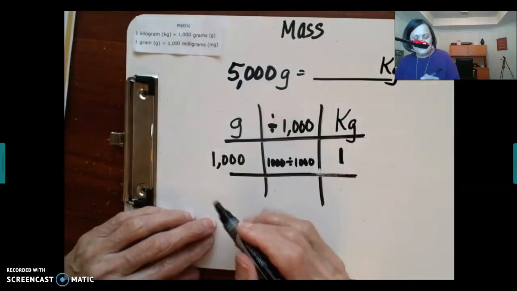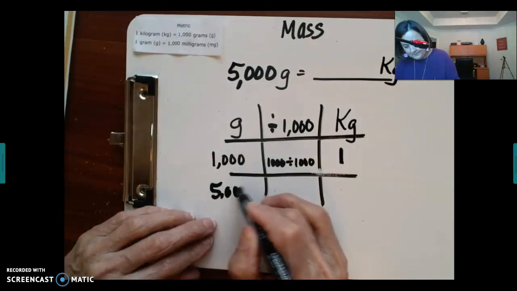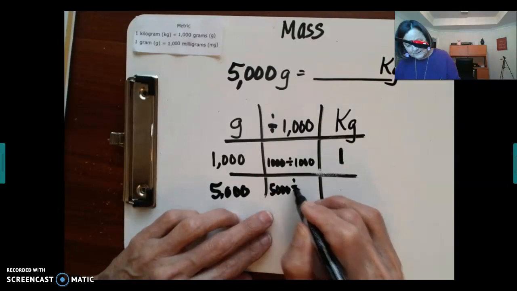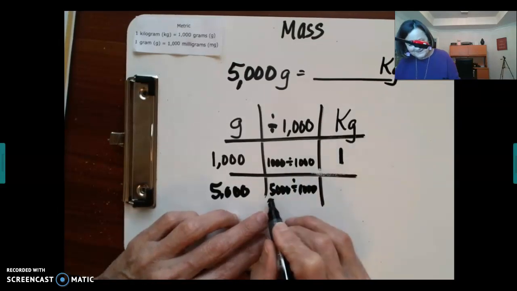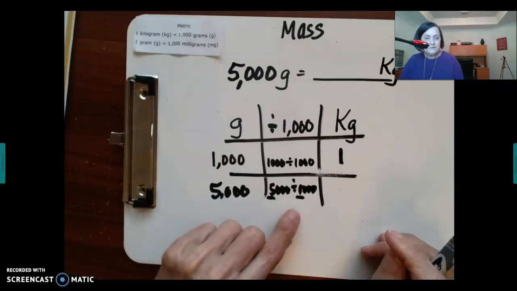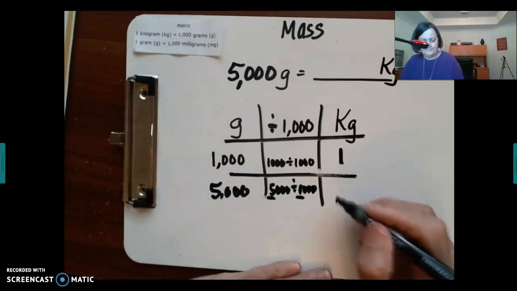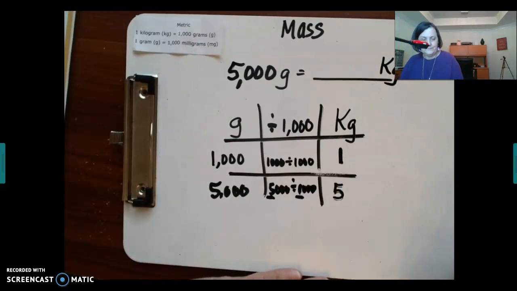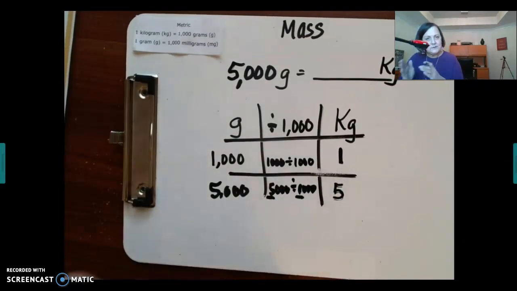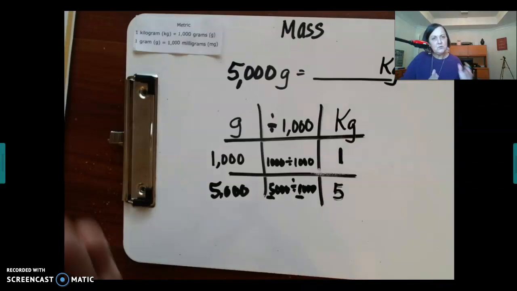So now we can label 5,000. And we're going to divide 5,000 divided by 1,000. I'm going to do my basic fact. 5 divided by 1 is what? 5. And guess what? All these zeros here, you're going to be shifting to the right.